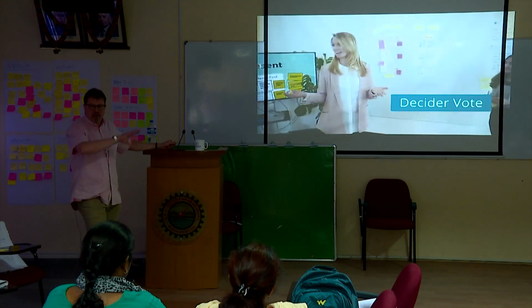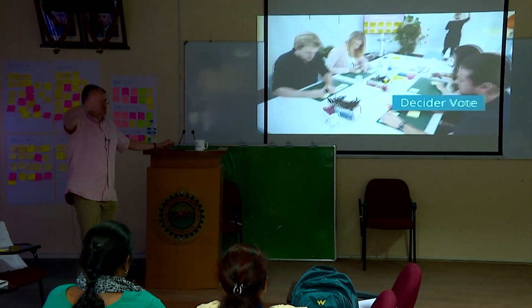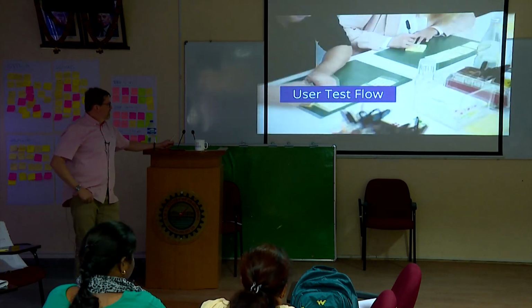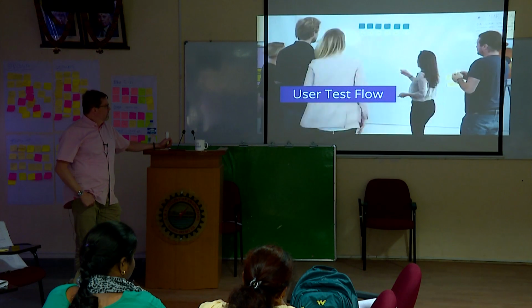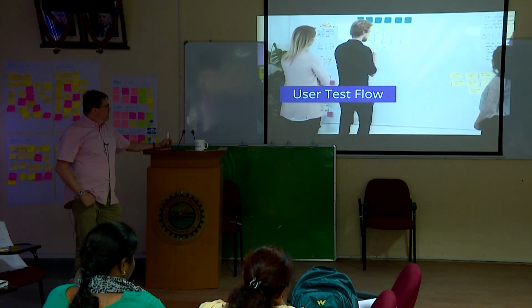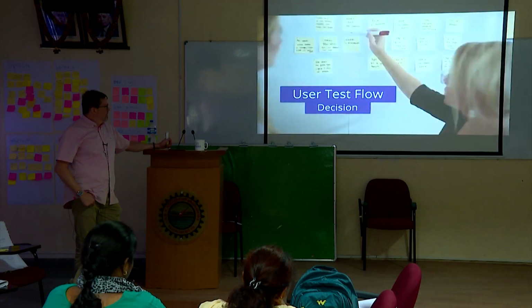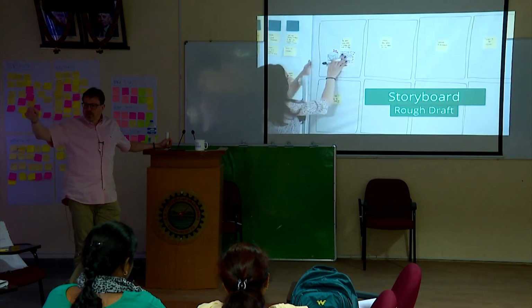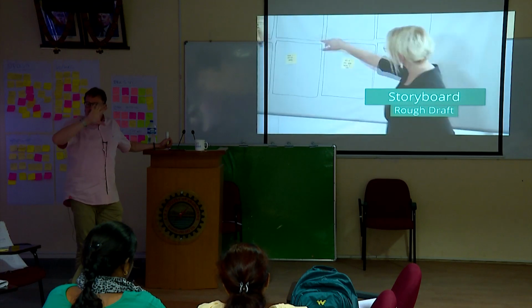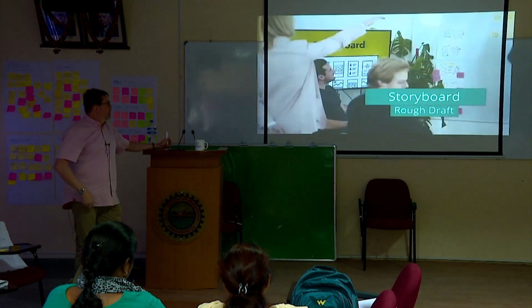But you see the walls they have? They have a complete white wall. That's it. That one we probably will not do. See what they do now, everybody puts a test flow up and then they decide which one is the best one, and then they always use the team approach to put it together.